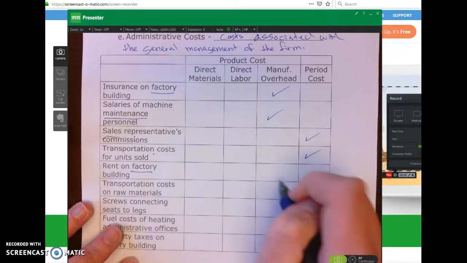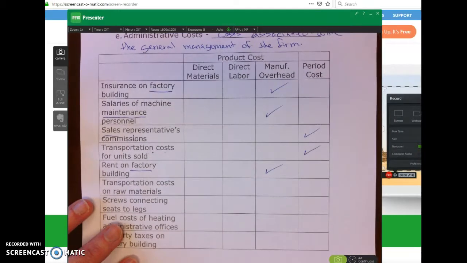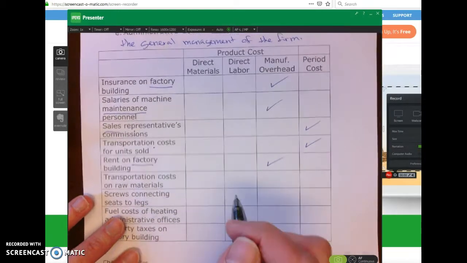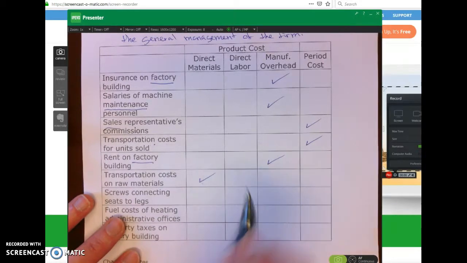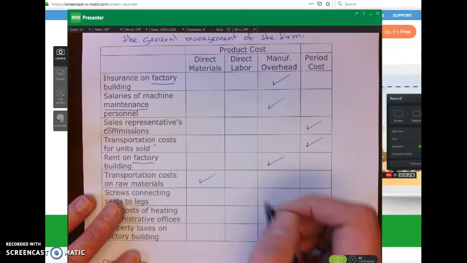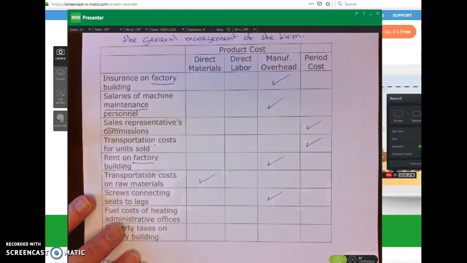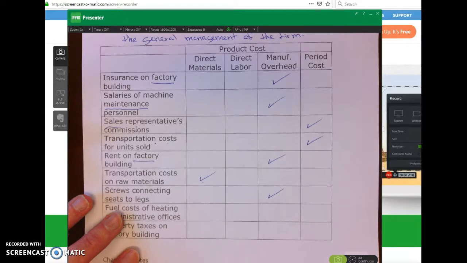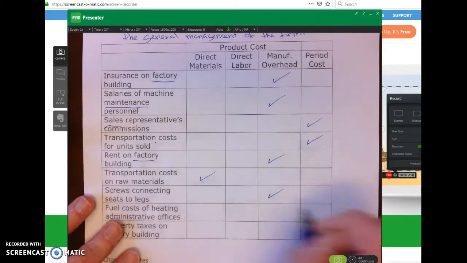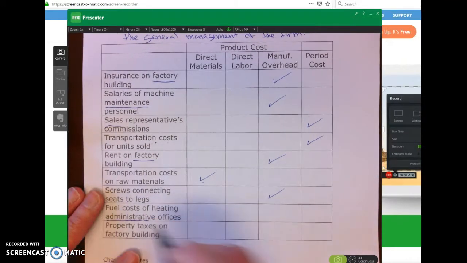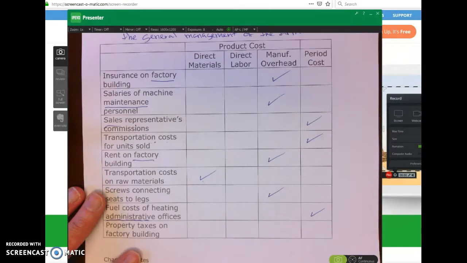Rent on factory building, factory, manufacturing overhead. Transportation costs on raw materials we're going to include in the direct materials costs. Screws connecting seats to legs, that would be indirect materials, so that's manufacturing overhead. Fuel costs of heating administrative offices, keyword there is administrative, which means it's a period cost.